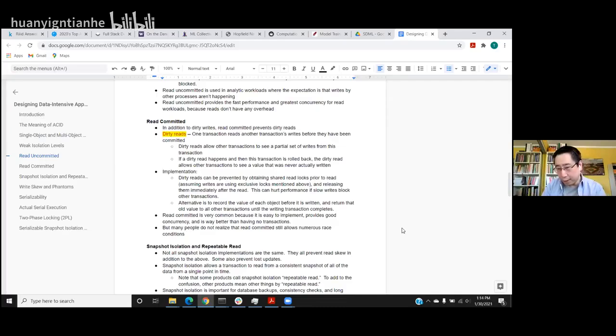Then you can change that value as much as you want, and once you release the lock, if you're successful, that becomes the permanent value. But in the meantime, anyone who's doing a read sees the value from before you obtained that write lock. It's a clever thing where you don't need multiple rows, you just need one extra value per item.